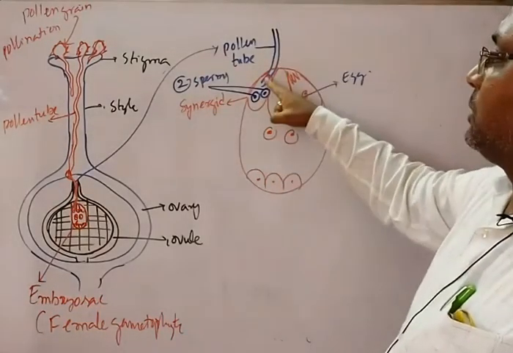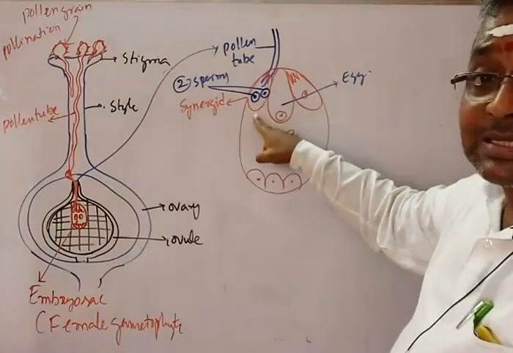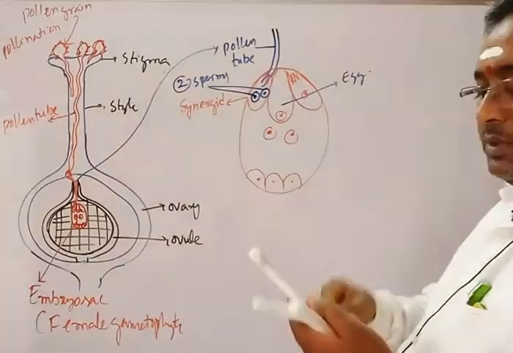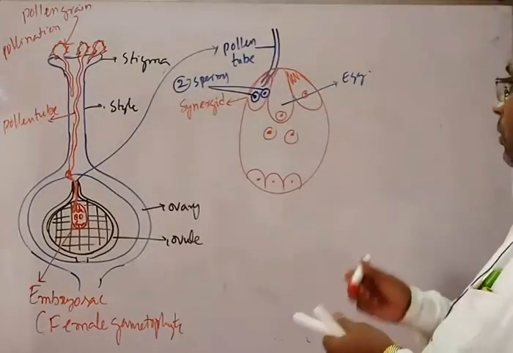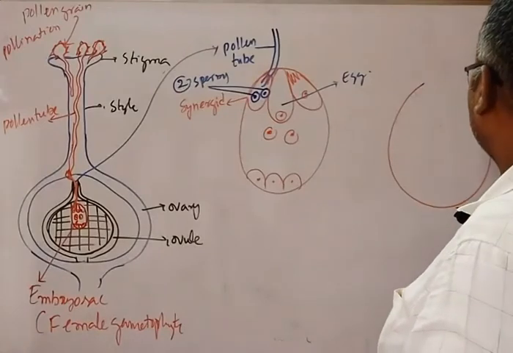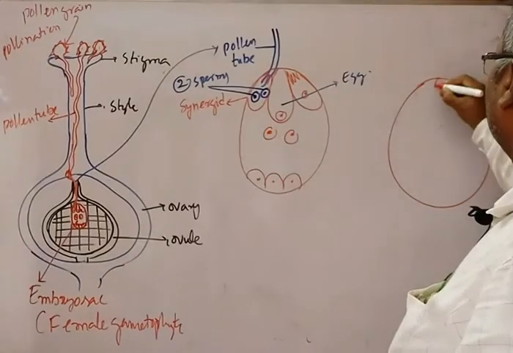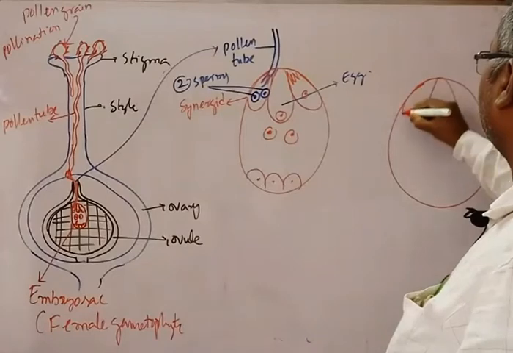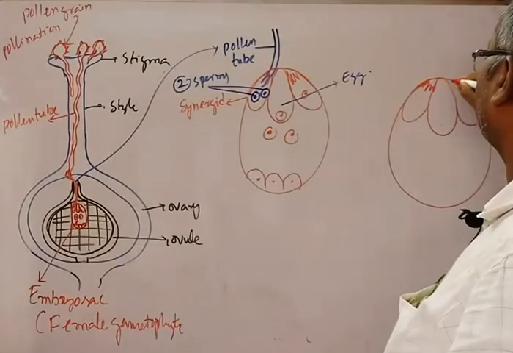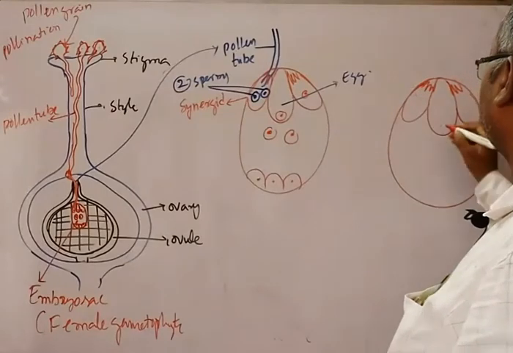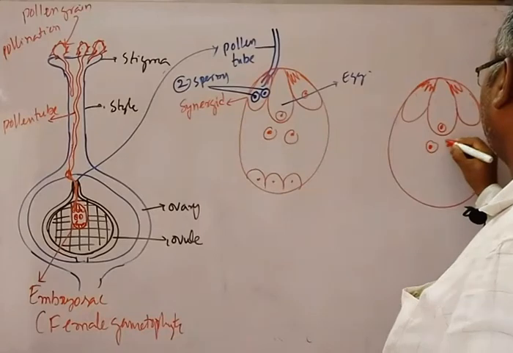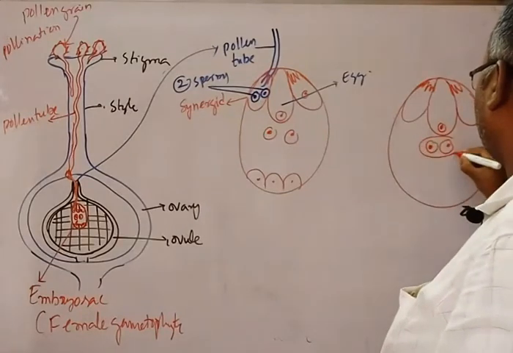The pollen tube releases the two sperms into a synergid, not directly into the egg. Then please look here. Now this is egg, this is synergid, this is synergid. And these are two polar nuclei.